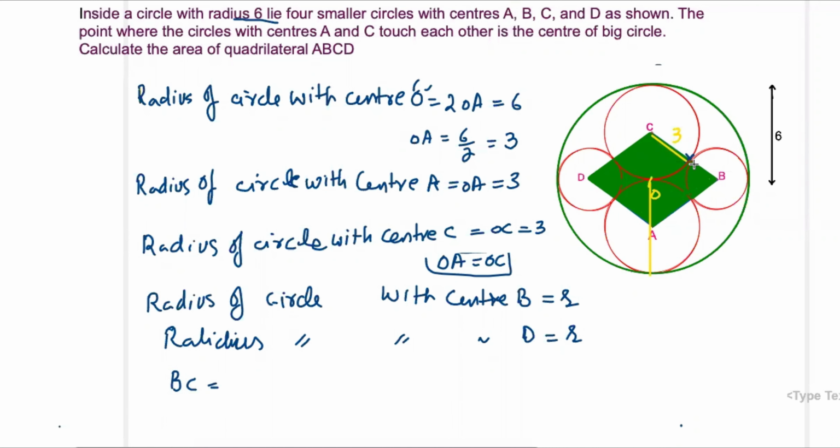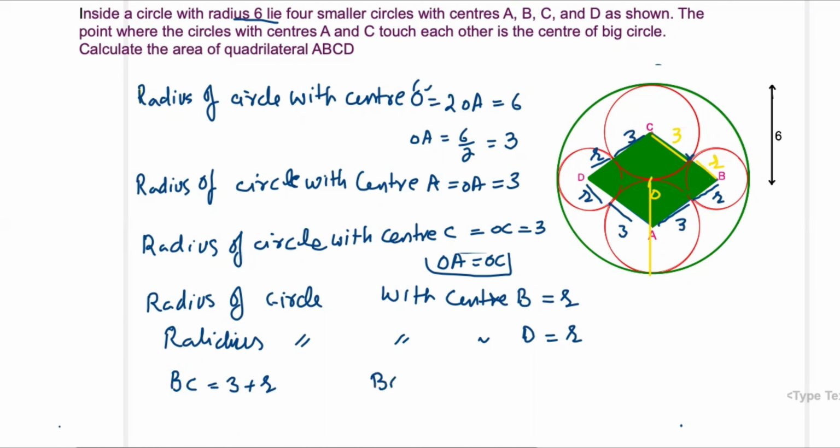Next is the radius of the circle with center B, that's equal to R. Therefore, the length of BC will be equal to 3 plus R. Now you see here this length is R, and this length is 3, and next is also 3, and the radius of the circle with center D is R, and same here is R and 3. You see here all these lengths BC equal 3 plus R.